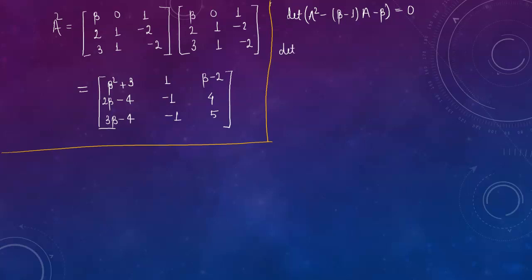So determinant of, let me write here, the matrices will be: beta square plus 3, 2 beta minus 4, 3 beta minus 4; 1, minus 1, minus 1; beta minus 2, 4, 5.